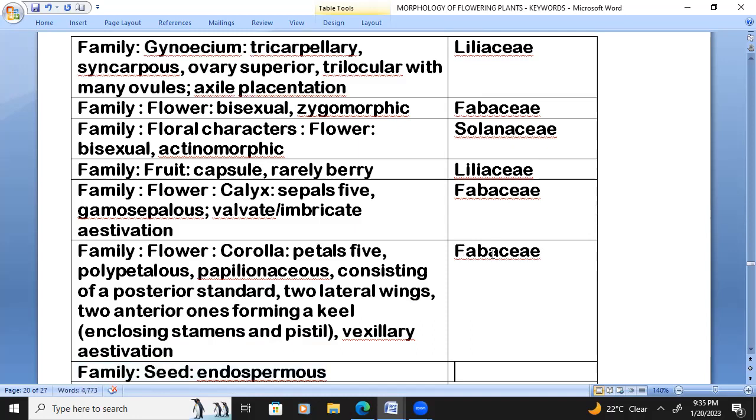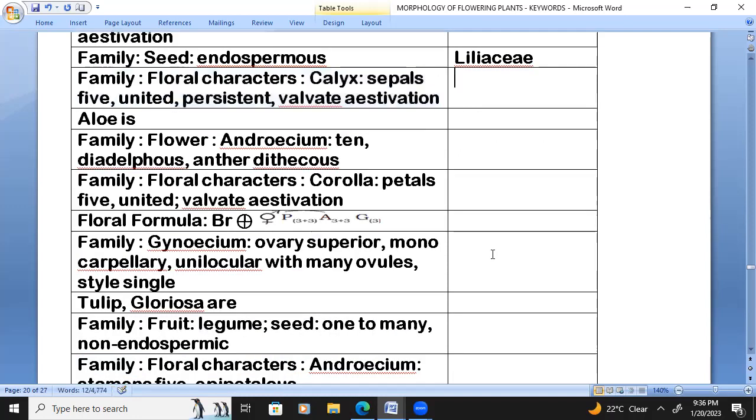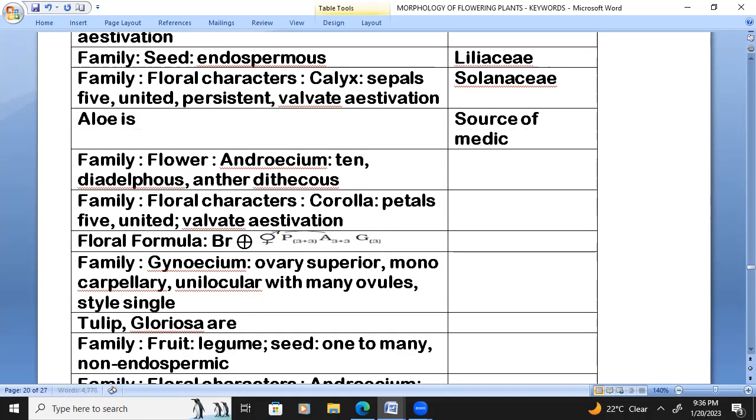Seed endospermous, Liliaceae. Floral characters, calyx sepals 5, united, persistent, valvate aestivation, Solanaceae. Aloe is a source of medicine.